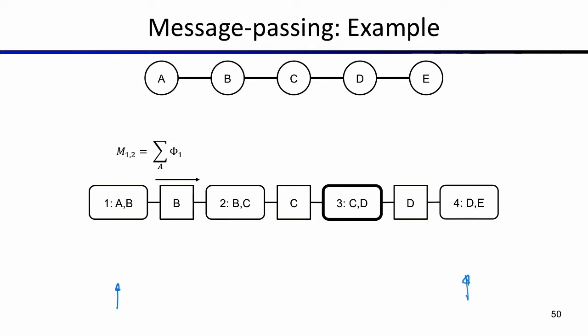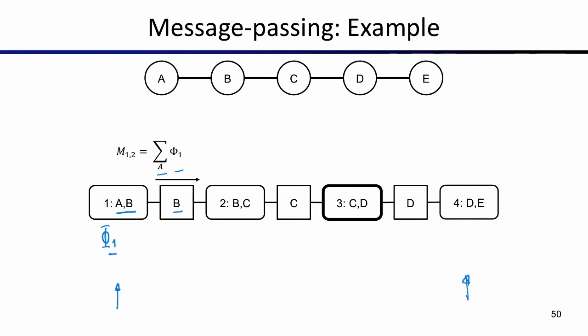And what is the message? Remember that here we had a factor big phi 1, and we have variables a and b here, but the separator is just b. It means that we can eliminate the variable a, so we're going to eliminate the variable a and do this elimination over this factor big phi 1 here, and get the message to cluster 2.